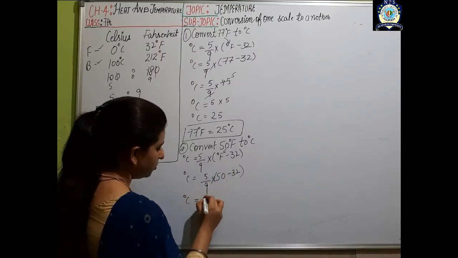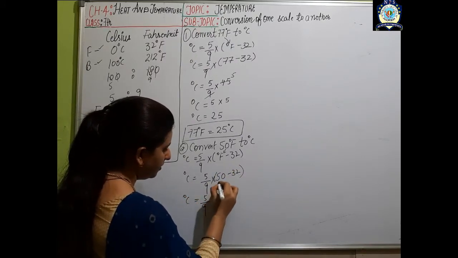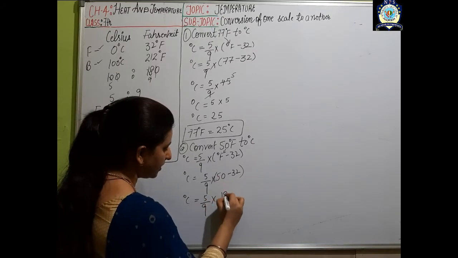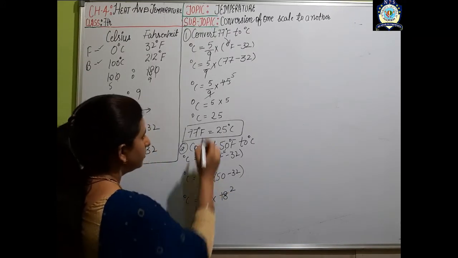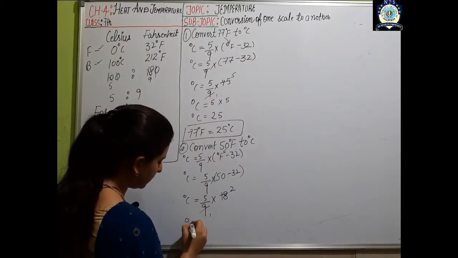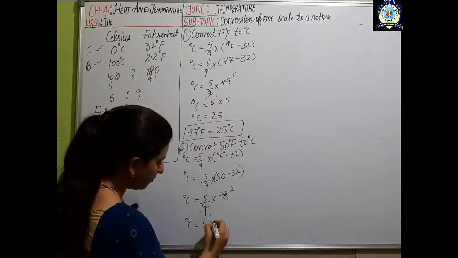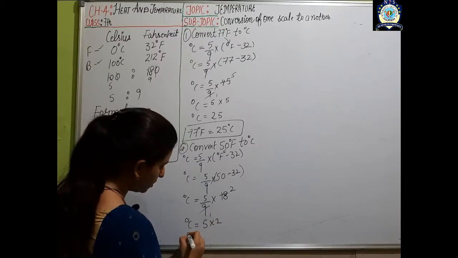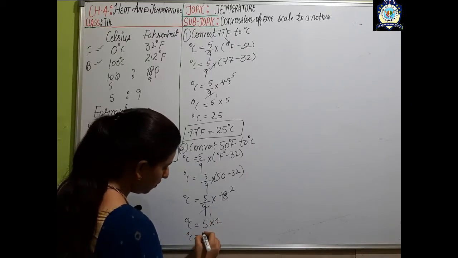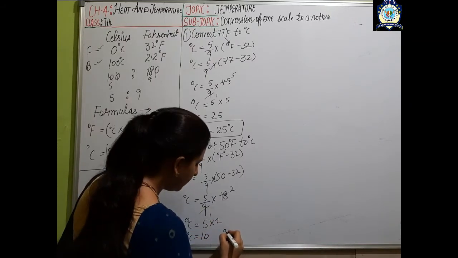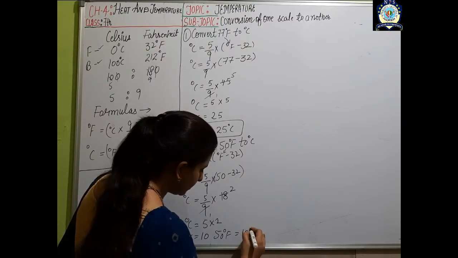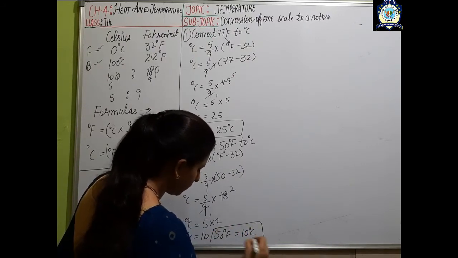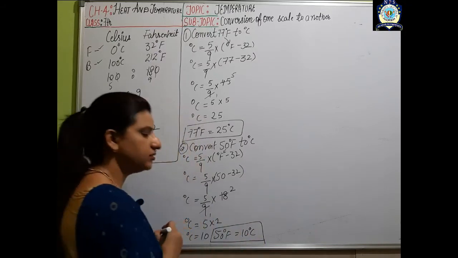Degree Celsius is equal to 5/9 multiplied by 18, 9 2s are 18. So degree Celsius is equal to 5 multiplied by 2, so degree Celsius is equal to 10. So 50 degree Fahrenheit is equal to 10 degree Celsius. Like this we can write the answer or the result.